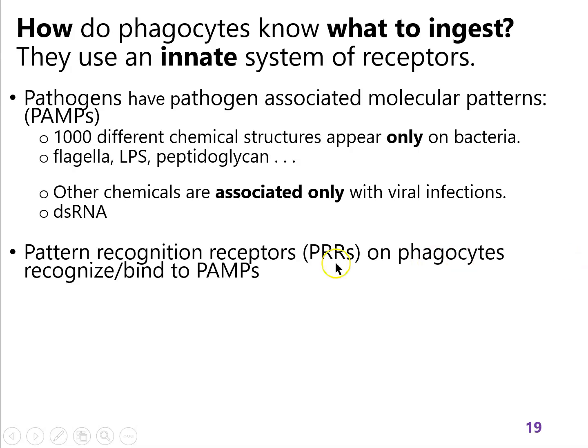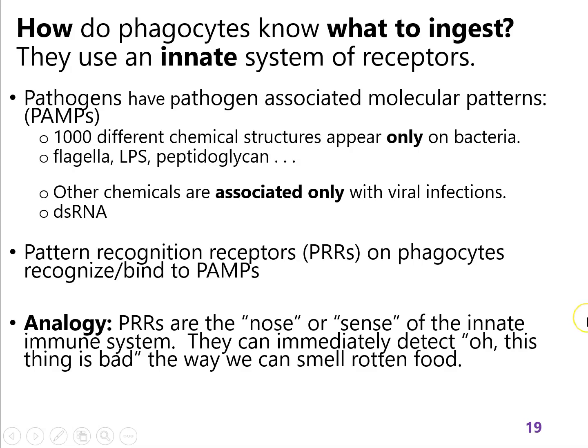And so they have receptors called pattern recognition receptors that recognize and bind to these things. I think of this like the same way we have receptors in our nasal epithelium that give us our sense of smell by binding to certain chemicals in the air.